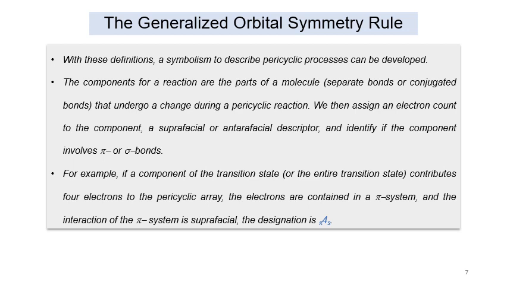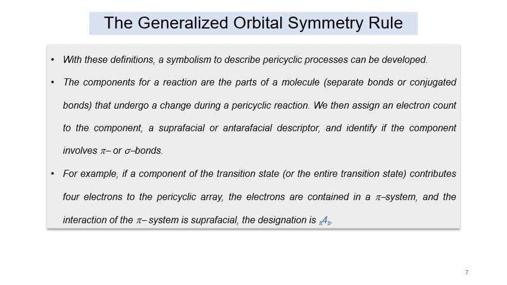Now with these definitions, we can describe a new symbolism to describe the pericyclic processes. The components of a reaction are actually the parts of a molecule. They can be separate bonds or conjugated bonds that undergo a change during a pericyclic reaction. So what does this mean? This means that the components which are going to react are going to be a part of a molecule.